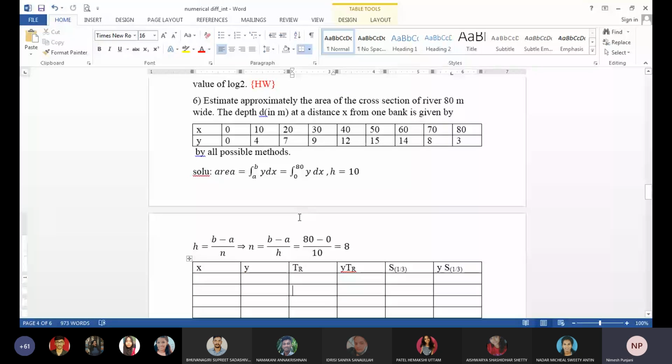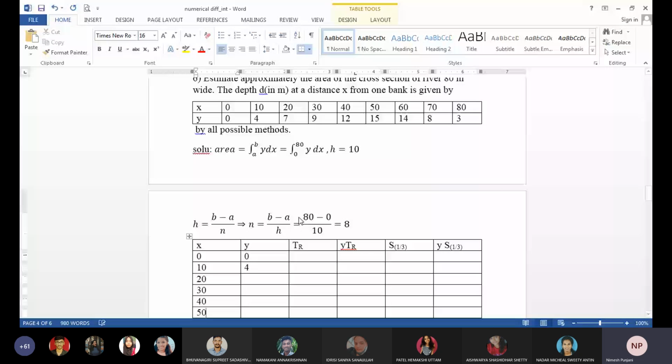So we make a table containing these columns. तो मेरा जो x का वैल्यू है और y का वैल्यू है, I will get it from the table. Okay, so I will complete the table with all the values which are given in the question itself.